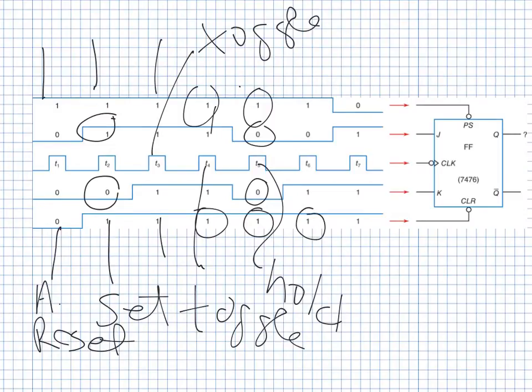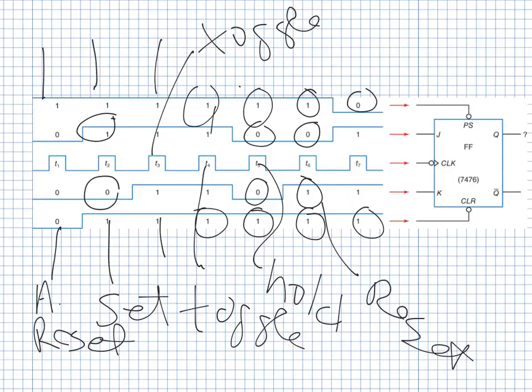That's a 1, that's a 1, so there is no asynchronous operation at this point. It's strictly dependent upon our J and our K. Our J is a 0, our K is a 1, and when that's the case, at T6, this will be a reset state.